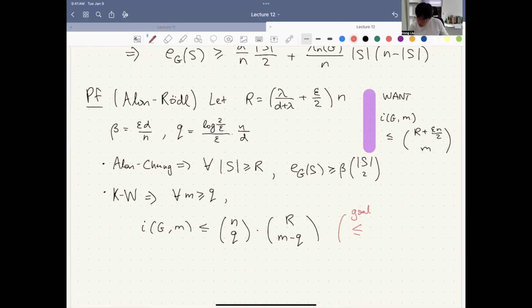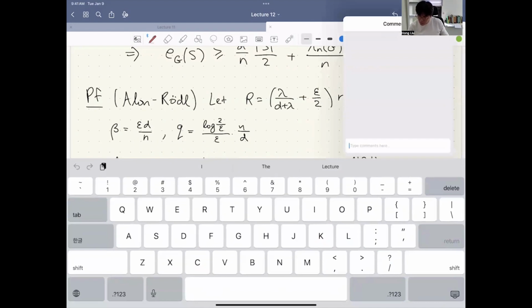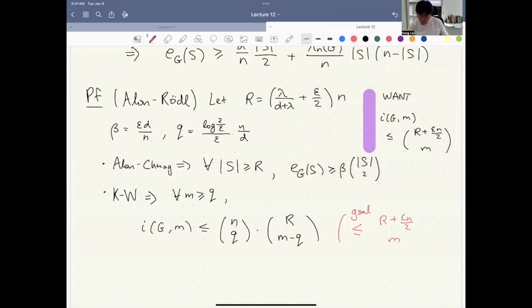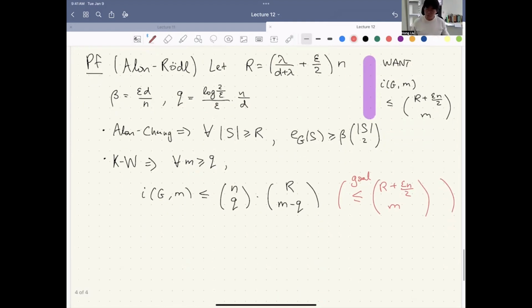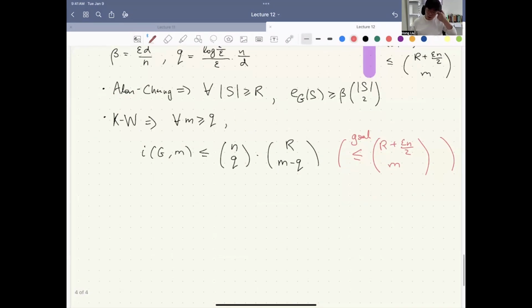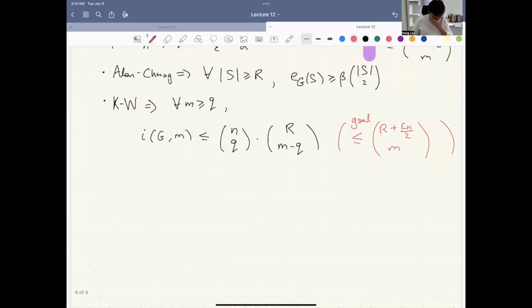Let me do some calculation: R plus epsilon N over 2, choose M. This is our goal. Let's simplify things a little bit.